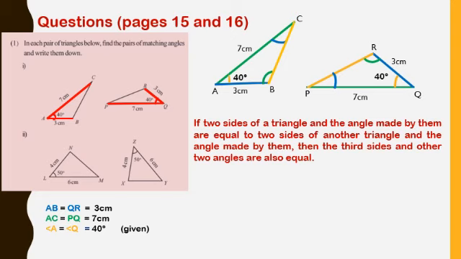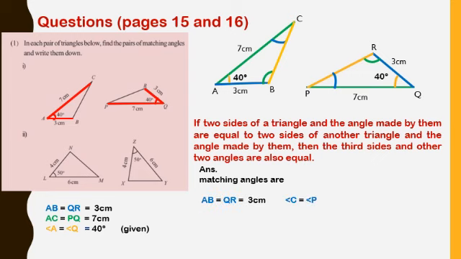Here our question is, find the pairs of matching angles and write them down. So we can write the answer as matching angles are. Here you know matching angles are opposite to the matching sides.